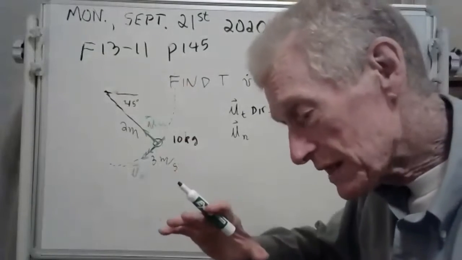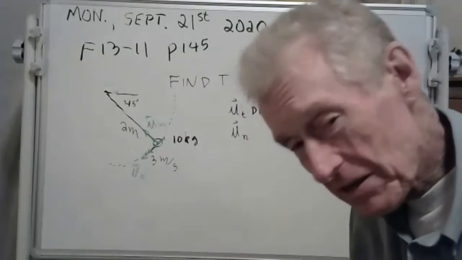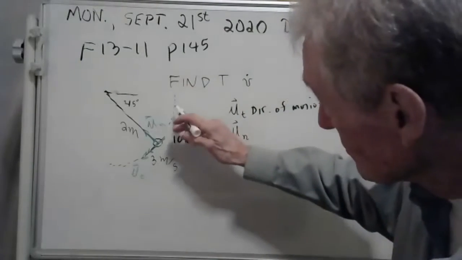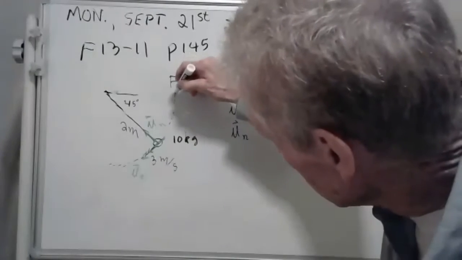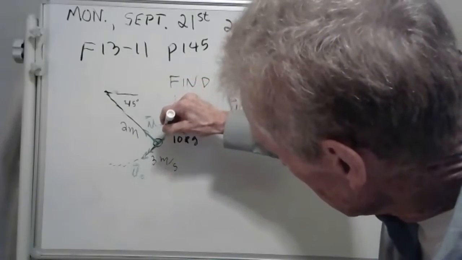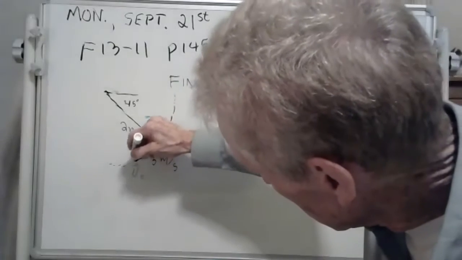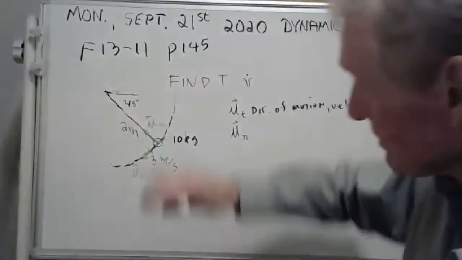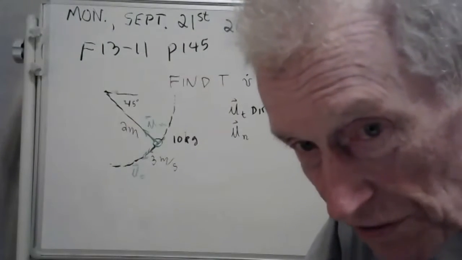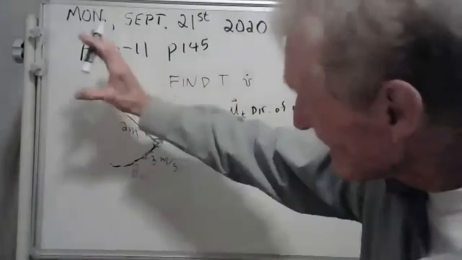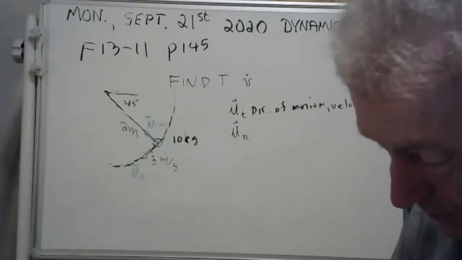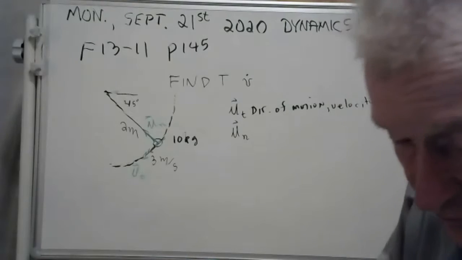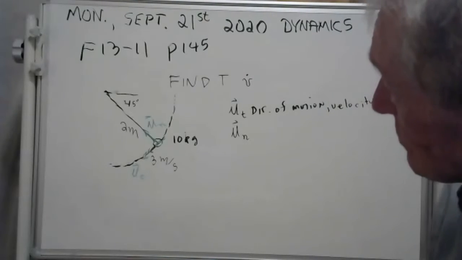It's always on the inside of the curve. See, there's a curve here. I don't know if you can see those dashed lines, but this thing is going in a curve, kind of like a part of a circle, and it's the inside of the circle. Okay, thank you, William. He knows what he's doing, see? So we're off to a great start.